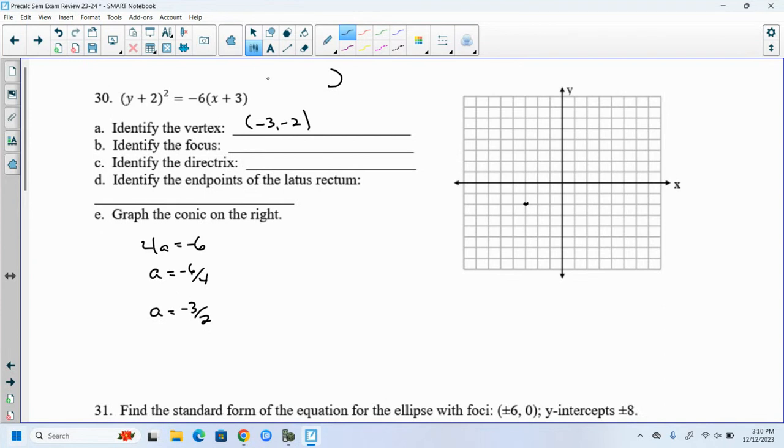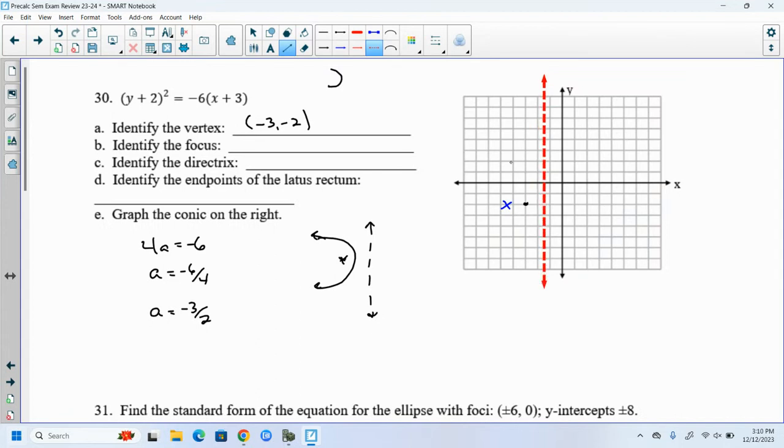A value, since it opens up left, that means the focus is on the inside and the directrix will be a vertical line on the outside. And you go a units from the center to both of those. So I'm going to go 1.5 to the left from my vertex, and that's my focus, and then 1.5 to the right to get my directrix.